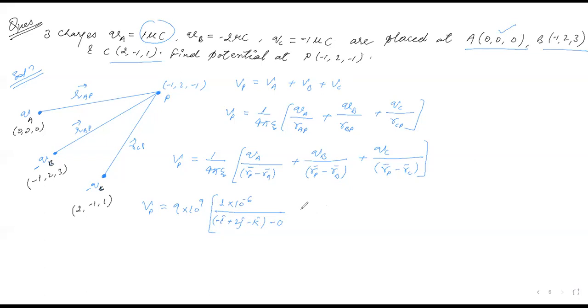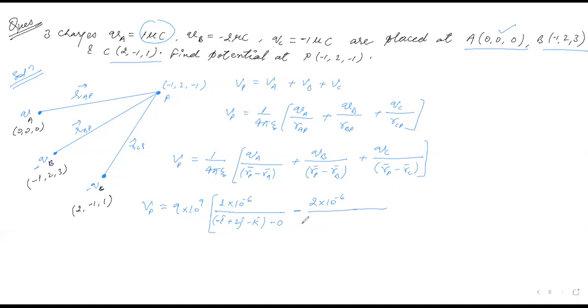Plus QB. QB is minus 2 microcoulomb, so we take the negative sign: 2 into 10 raised to the power minus 6 over RP.